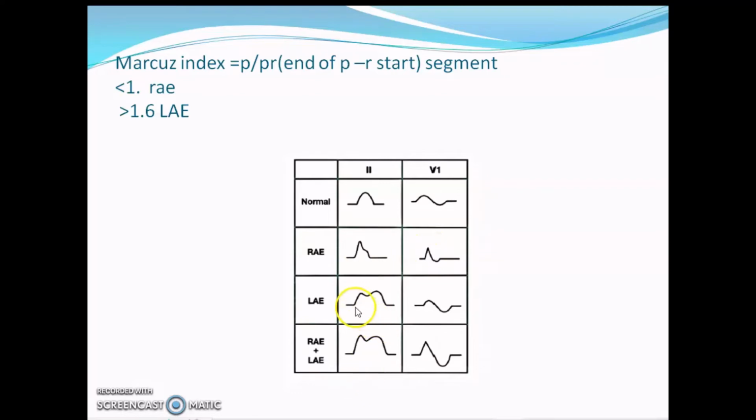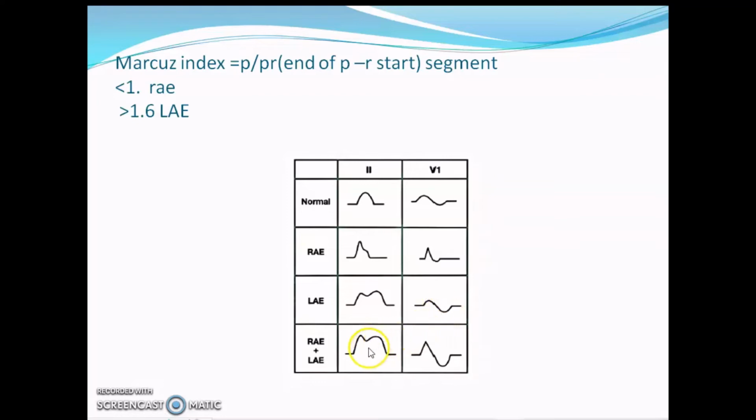When there is a left atrial enlargement, there is a bifid P wave in lead 2, whereas in V1 the terminal negative deflection is wider and deeper, as indicated by the Morris index. The product of the duration of the terminal deflection and its depth being more than 0.03 indicates left atrial enlargement.